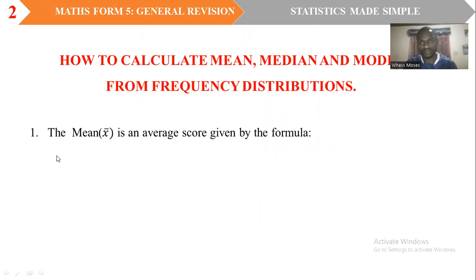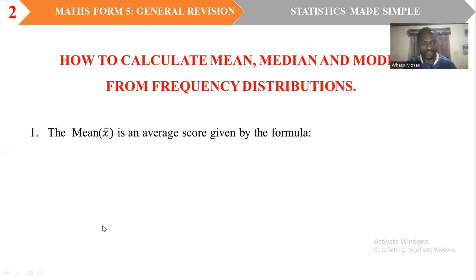Now it is on a topic, statistics. And we want to look at some few tips on statistics. That is why we have it, statistics made simple. Now, it will be capturing how to calculate the mean, the median, and mode from a frequency distribution.